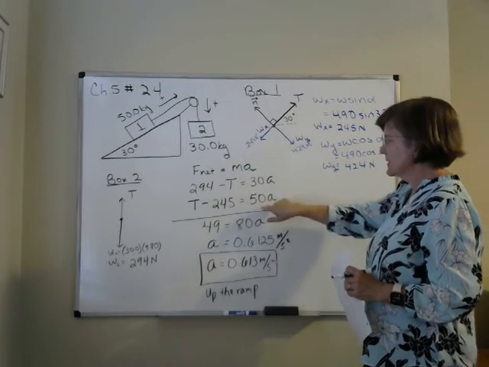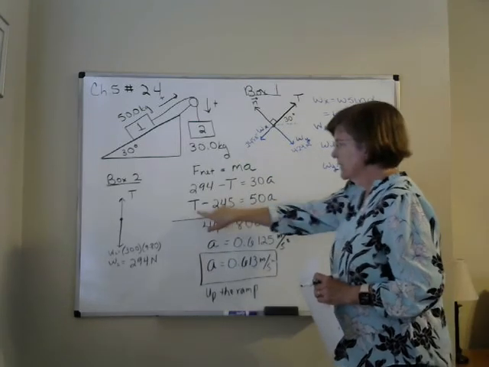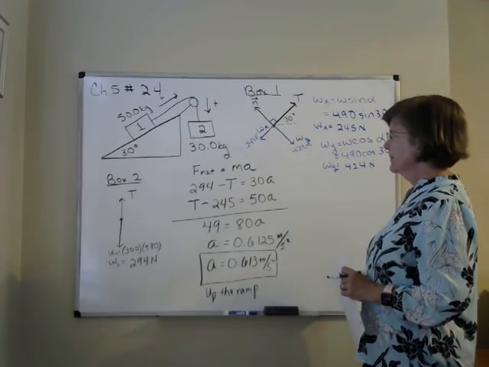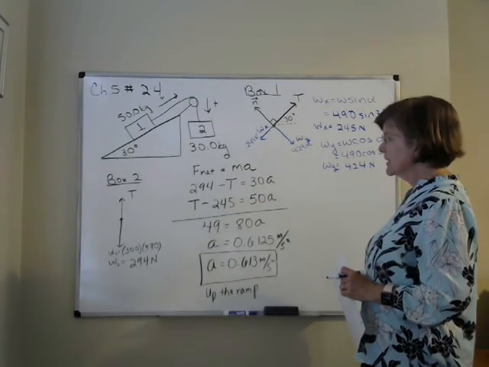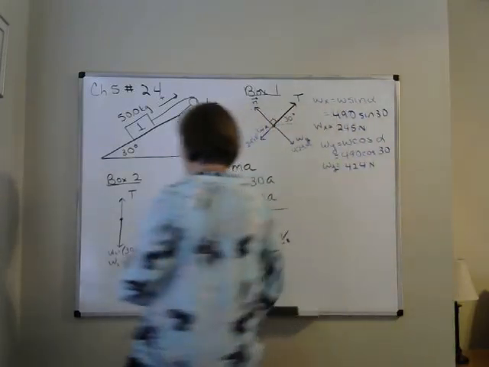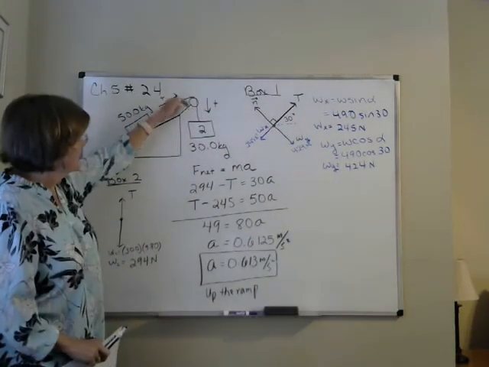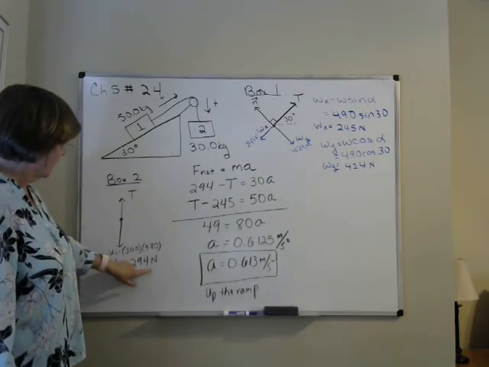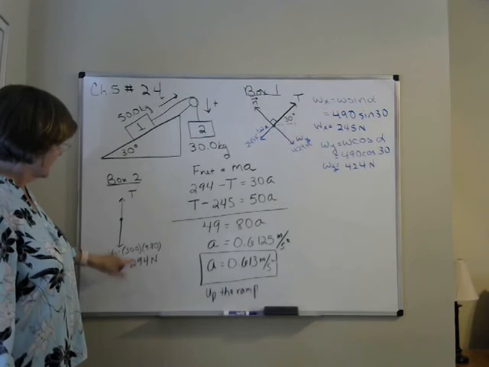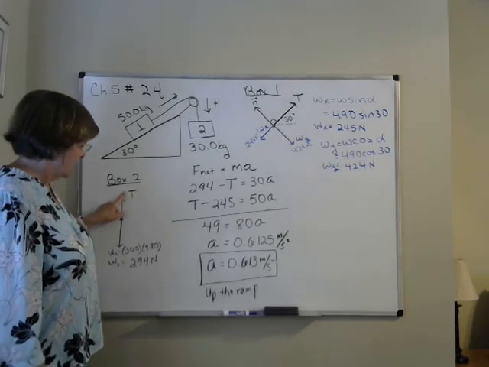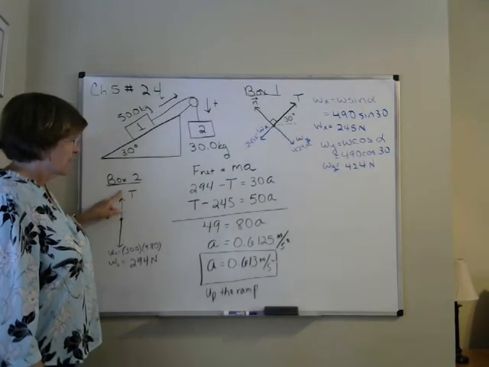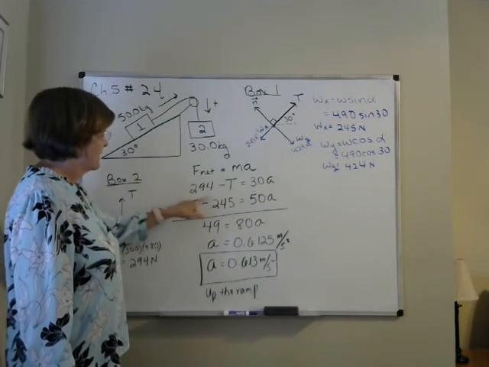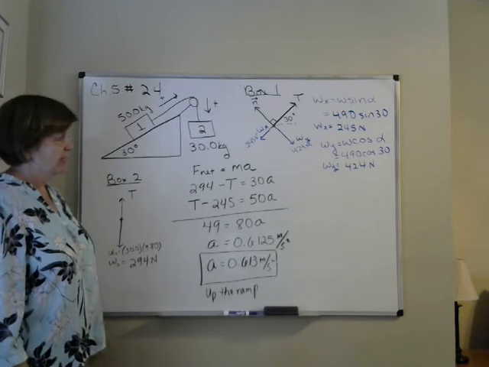If this box is going to accelerate, the tension has to be more than 245. However, let's go over here and think about box 2. Box 2 is accelerating downward. Well, the downward force here is 294. So in order for this to accelerate downward, this tension better be less than 294. So I think the tension has to be more than 245. I think the tension has to be less than 294.